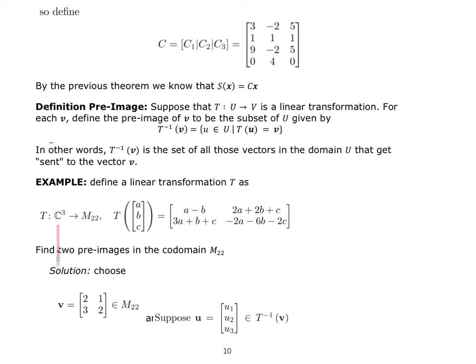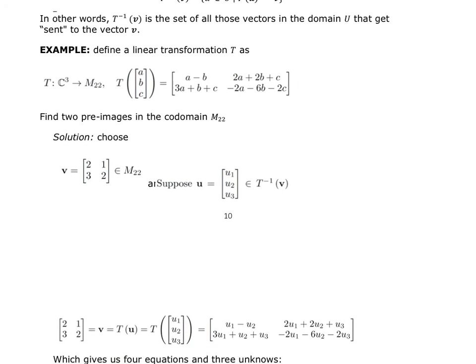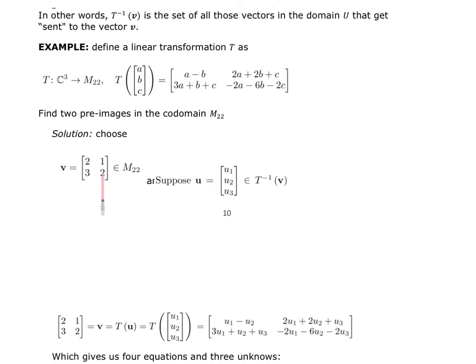So my linear transformation is, I'm going in C3, which means I have 3 entries that are complex, and I'm going to do the transformation so I end up in a matrix that is a 2 by 2, 2 entries, 2 rows. So then if I want to find 2 pre-images in the codomain, in other words, I want to find out what could have been mapped to this V here.